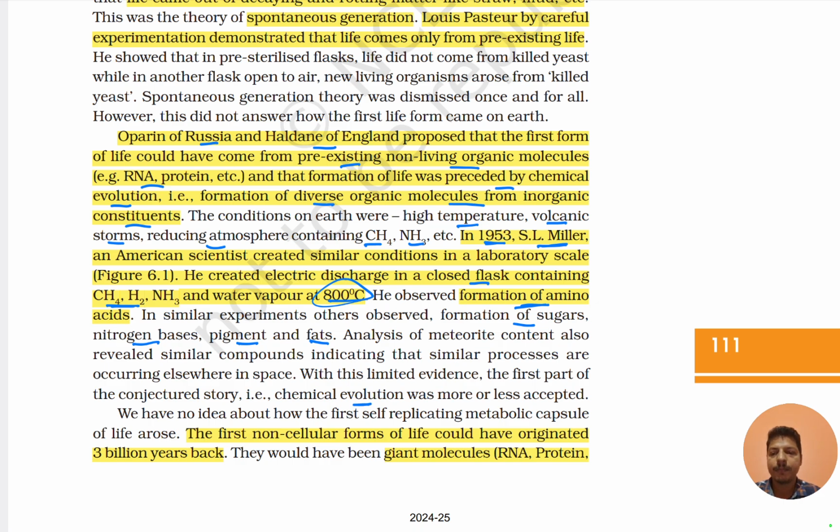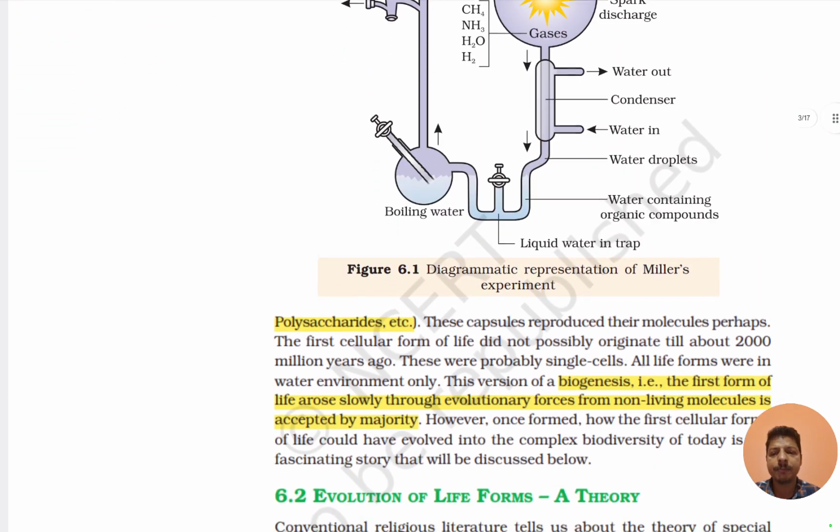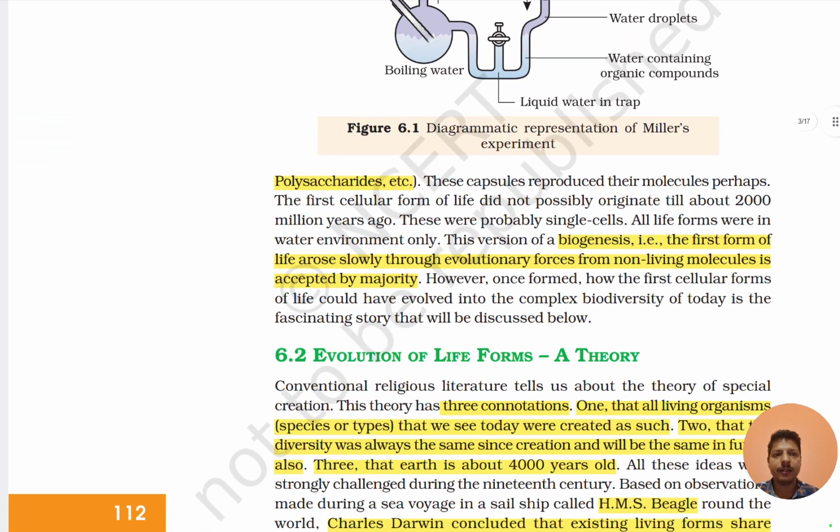Chemical evolution. We have no idea about how the first self-replicating metabolic capsule of life arose, because the first non-cellular form of life could have originated 3 billion years back. There would have been giant molecules, RNA, proteins, polysaccharides, etc. These capsules reproduced their molecules. Perhaps the first cellular form of life did not originate till about 2000 million years ago.